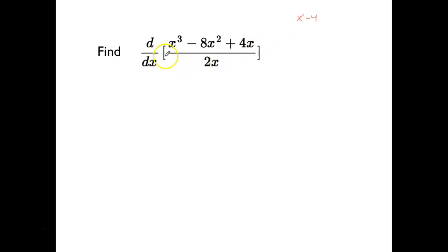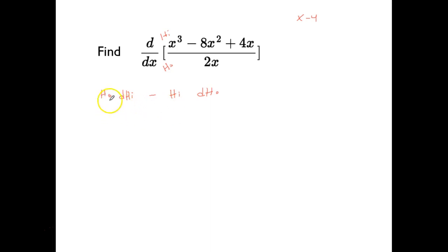So let's do it with our new method of quotient rule. This is my top. I'm going to call it hi. This is my bottom. I'm going to call it ho. Okay. So it's ho d hi minus hi d ho, and I'll even write this on top, all divided by ho squared.